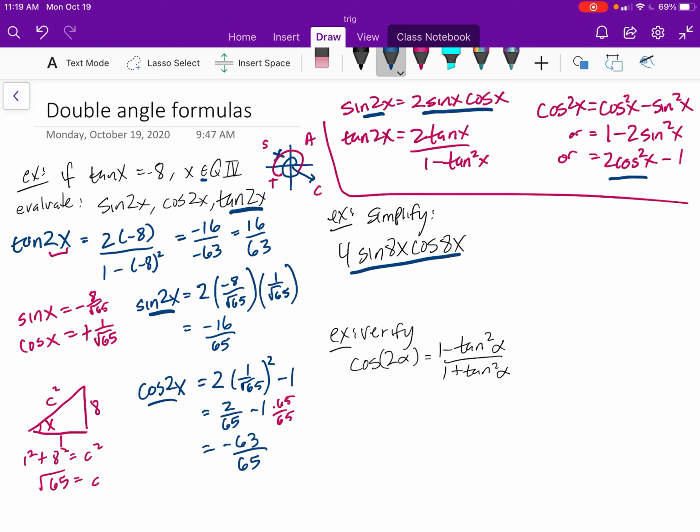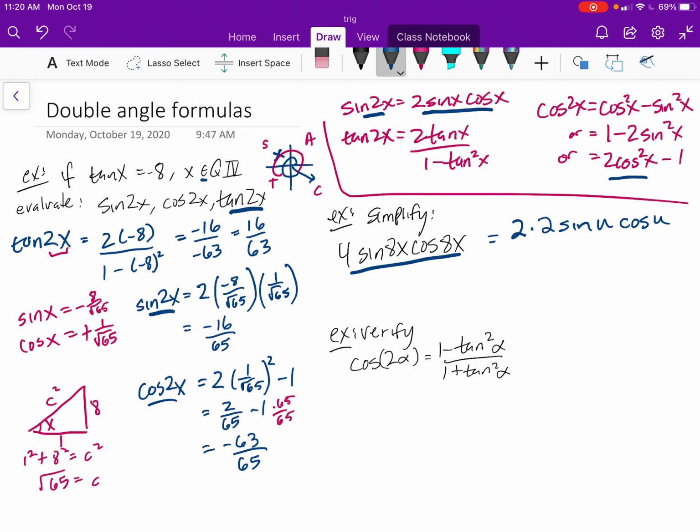So here's why I wanted to do this example. Just because I have sine 8x and cosine 8x doesn't necessarily mean the formula doesn't hold. The formula I wrote has x, but that doesn't matter. I could have said theta. I could have said sine 2 theta equals 2 sine theta cosine theta. So here's what we're going to do. First off, I want 2 sine cosine. So I'm going to go 2 times 2 sine u cosine u.